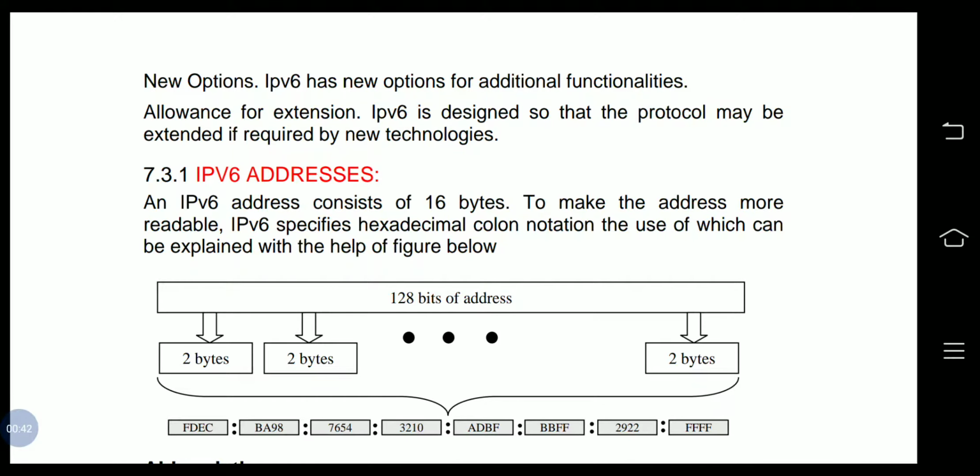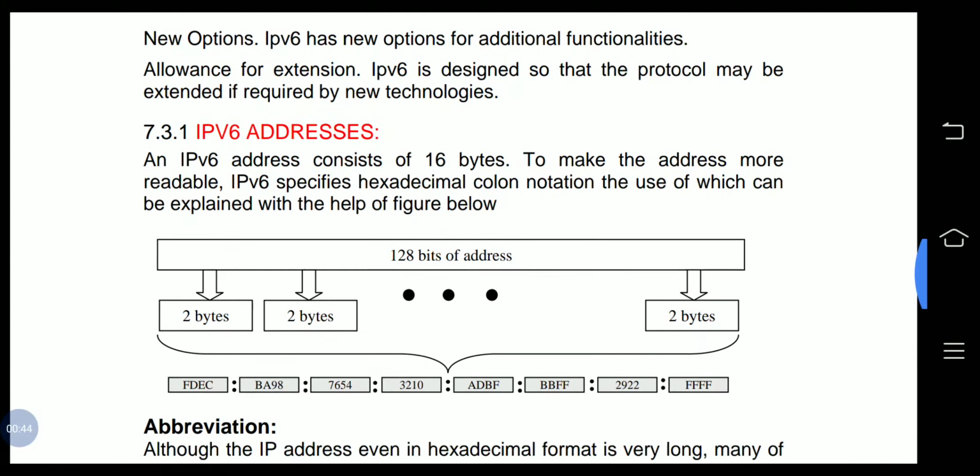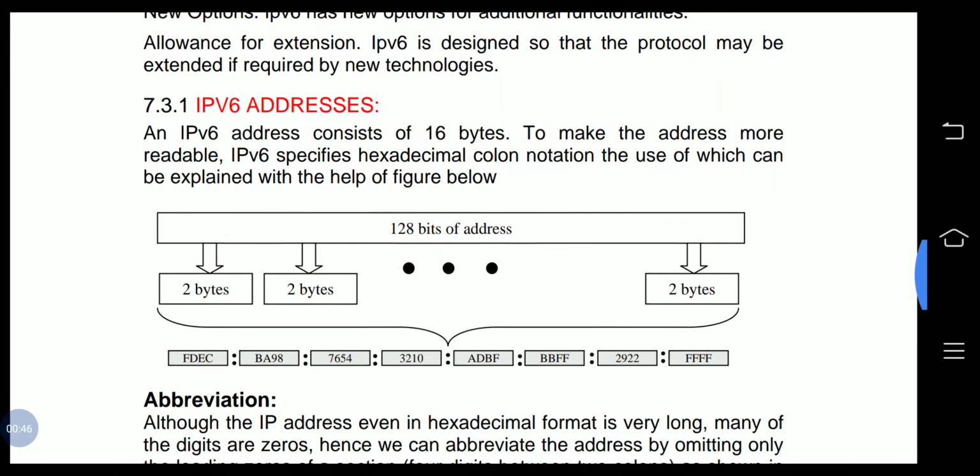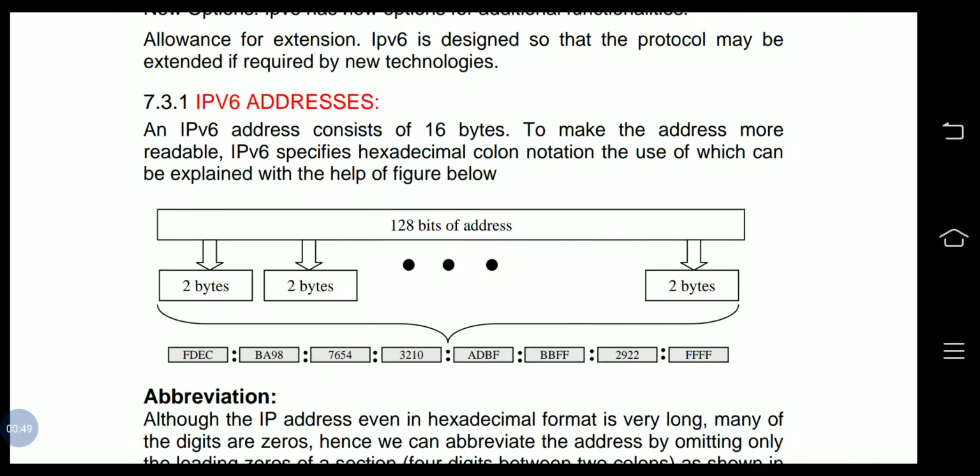As we discussed in the first section, an IPv6 address consists of 16 bytes, and we use hexadecimal colon notation, which can be explained with the help of this figure below.